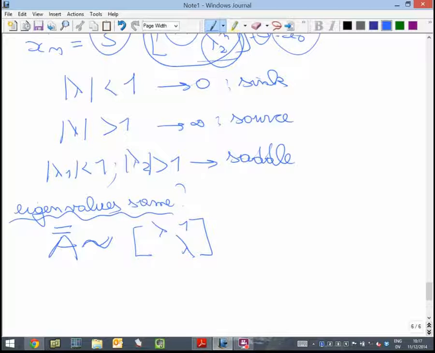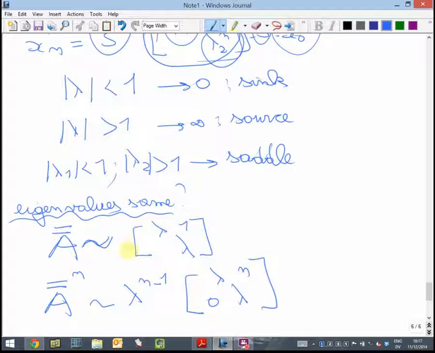So it's a little bit more involved to calculate A to the power of n in this case, but you can do that for yourself as a fun little exercise, and then you can show that this basically becomes lambda to the power of n, n lambda to the power of n minus 1, lambda to the power of n. You can easily prove that for yourself by induction, just taking the products of this matrix with itself.